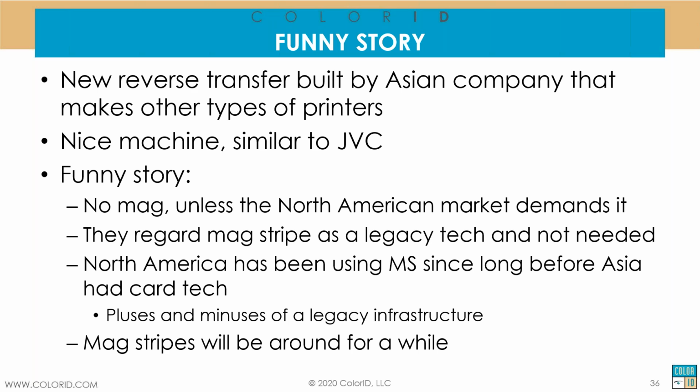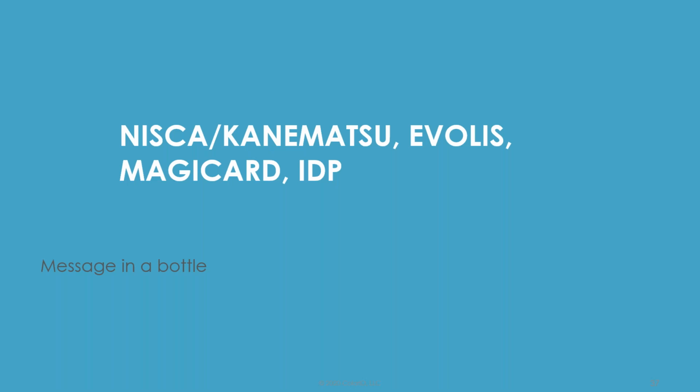And so they kind of skipped the magstripe era. Well, we have such a magstripe infrastructure that it's just part of our lives and will be for quite a while to come. But it's interesting how what we think of here in our region as probably what everybody's doing is actually not the case. It's different. You go other places, they do different things, and it's kind of fun to get reminded of that sometimes.